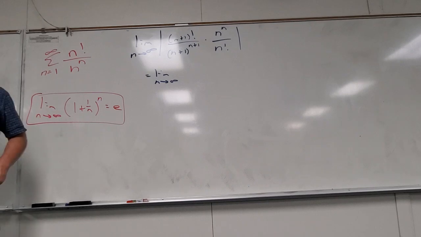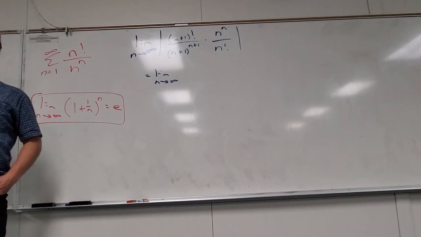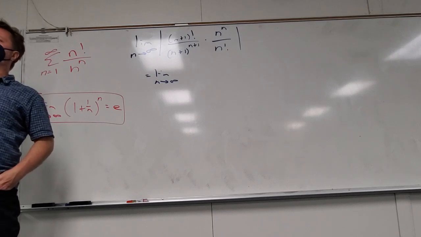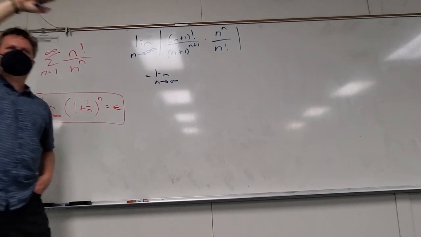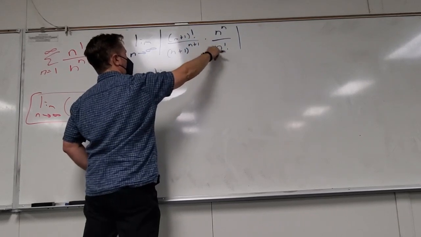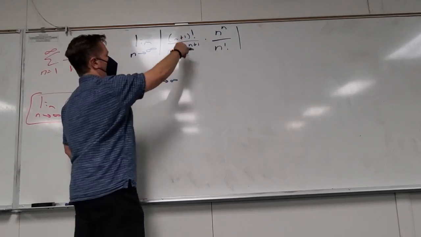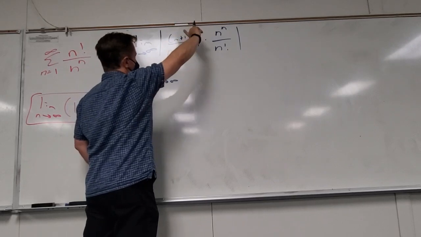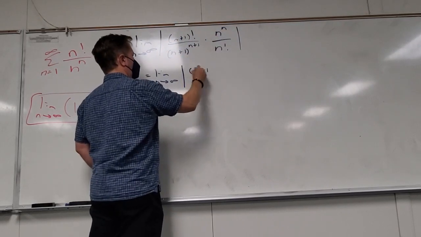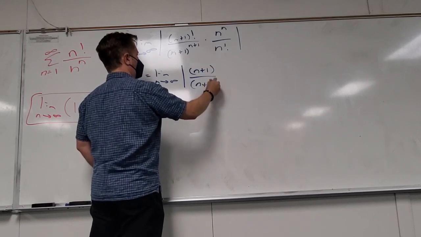So where are we at with comfortability with how factorials interact in these ratios, right? Do you need to write it out, or can you tell me what's going to be left over? Just an n plus one. And again, it would be n plus one times n factorial, because they keep going, so these would cancel, and then they get an n plus one over this, and you should know what to do with that.